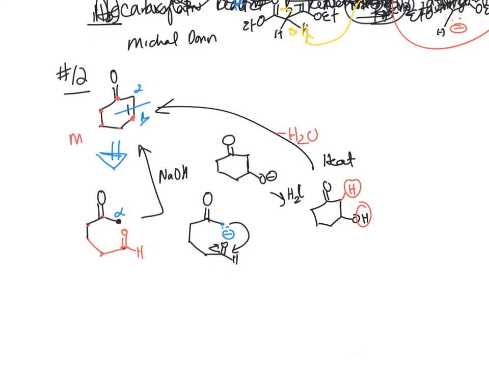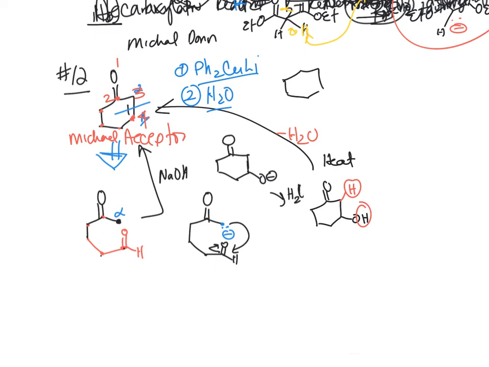Now this is a Michael acceptor. So you want to go ahead and number 1, 2, 3, 4. And you have an excellent Michael donor, the phenyl copper lithium, and then you treat it with water. The water will protonate the enol, and it undergoes enol tautomerization. So this is going to add to the 4. It's going to look like this. I'm actually going to draw the phenyl out.